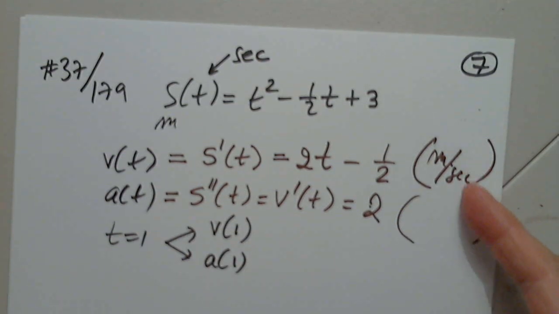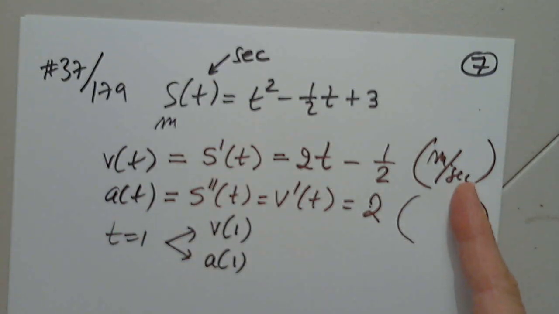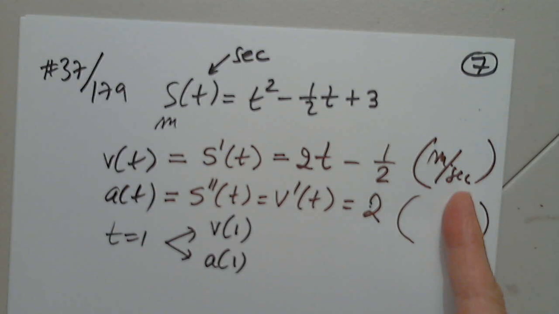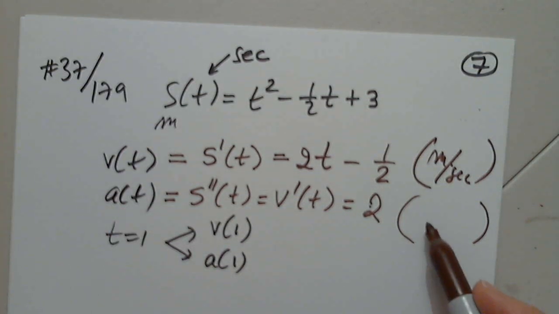They cannot be the same. The acceleration cannot be measured in meters per second. The velocity is measured in meters per second. So what is the acceleration? It is the rate of change of velocity with respect to time. So these two cannot be the same. Can anyone give us the measurement unit for the acceleration?